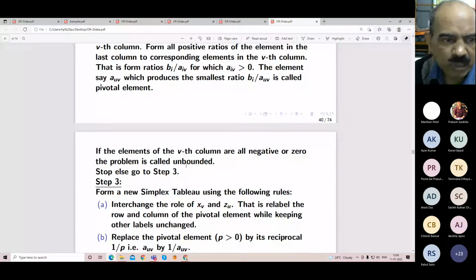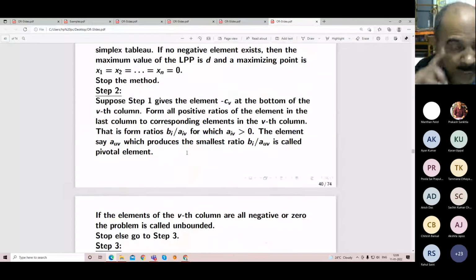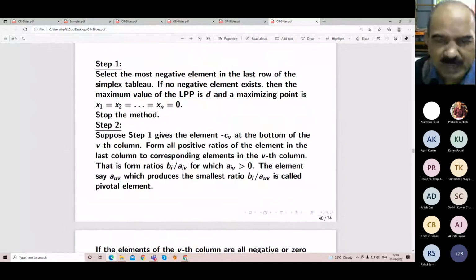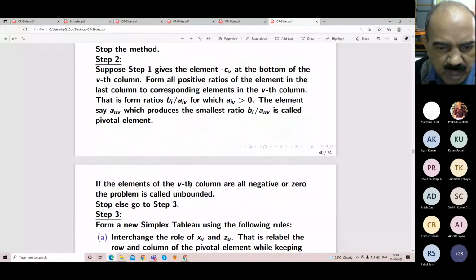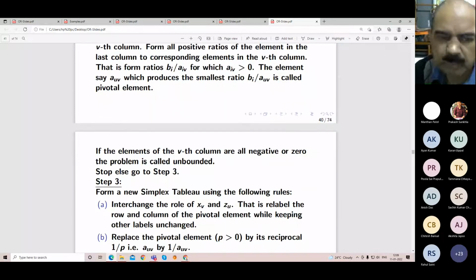Also, if you find there is no negative element in the last row of the simplex table, then we stop. And if you cannot proceed because all the elements in the vth column are negative or 0, we declare the problem unbounded, and we stop. If not, we move to step 3.